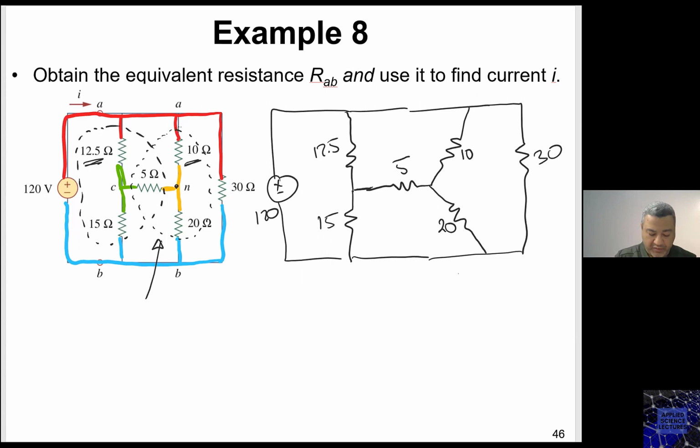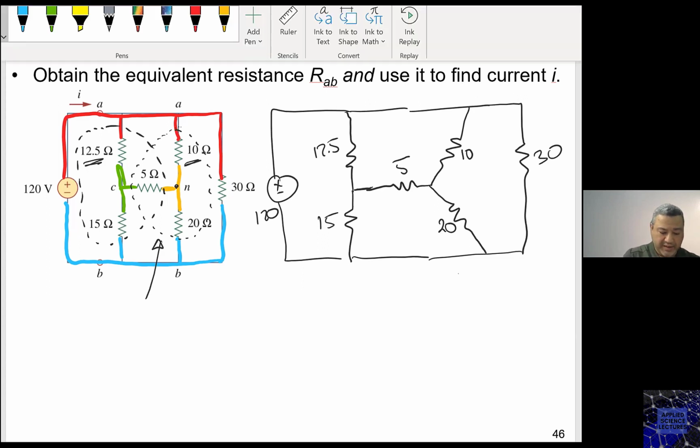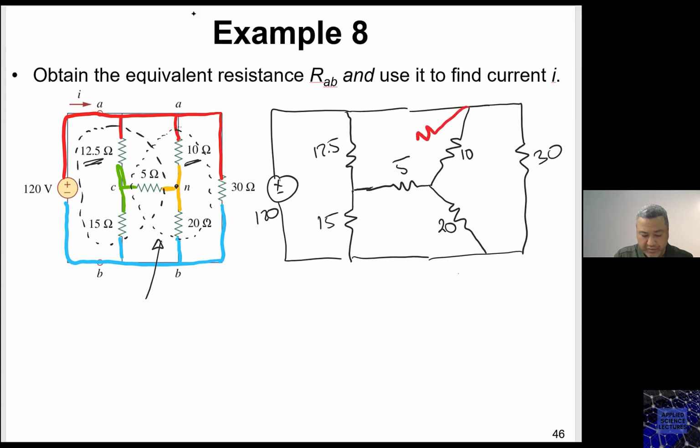So if I want to draw the delta, my delta is going to look like the following. I have one resistor here, a second resistor here, and a third resistor here. Again, as long as you understand how to.